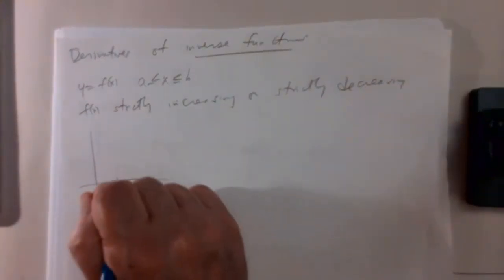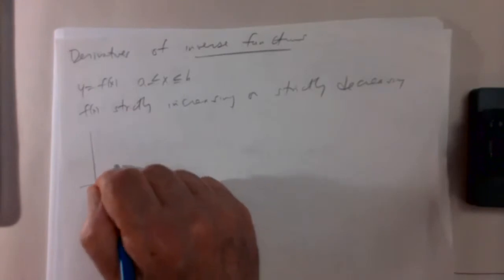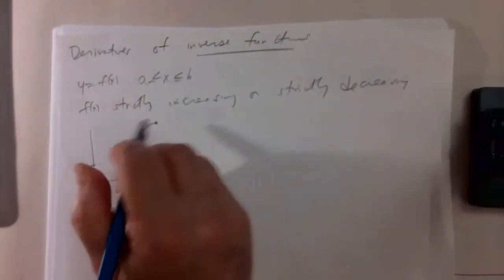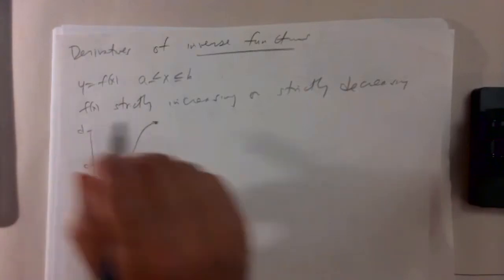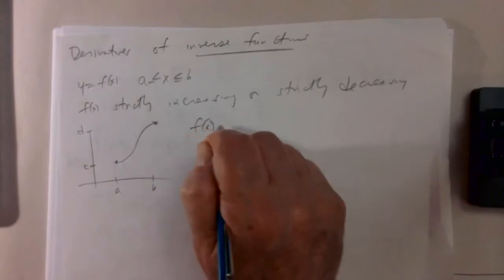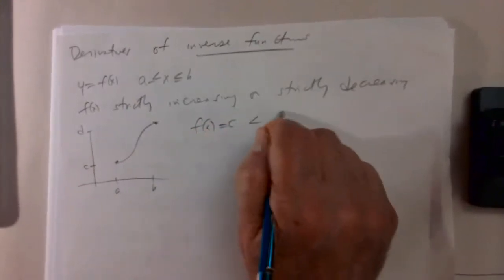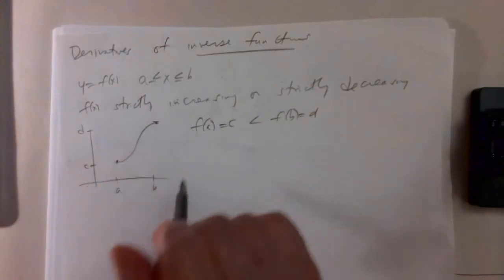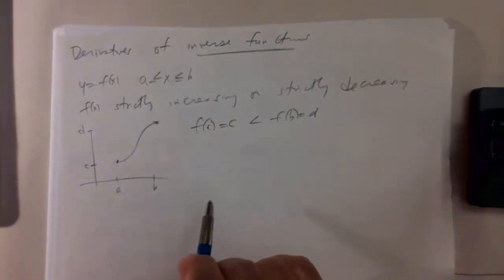That means when you graph it from a to b, if it's increasing, it's just going up, maybe from c to d. So f of a is equal to c, and f of b is equal to d, and this function is strictly increasing in this interval.